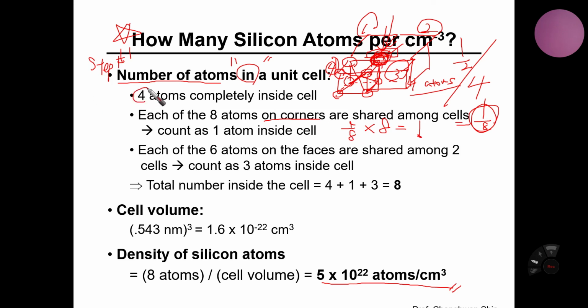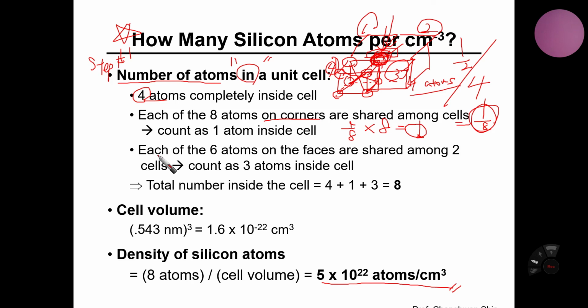Previously, I said 4 atoms on the diagonals are included in a unit cell, and effectively 1 silicon atom is included in a unit cell. All of these are placed on 8 corners, but after following a few simple calculations, we ended up with effectively 1 atom, right?